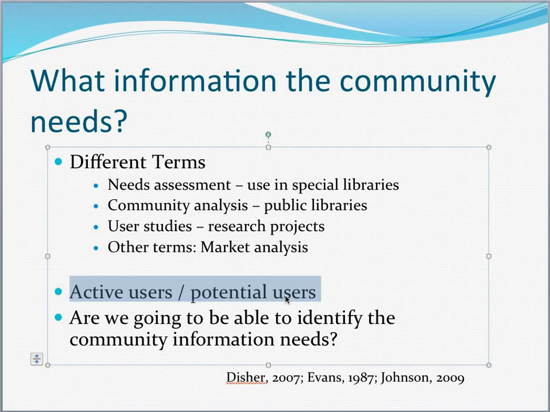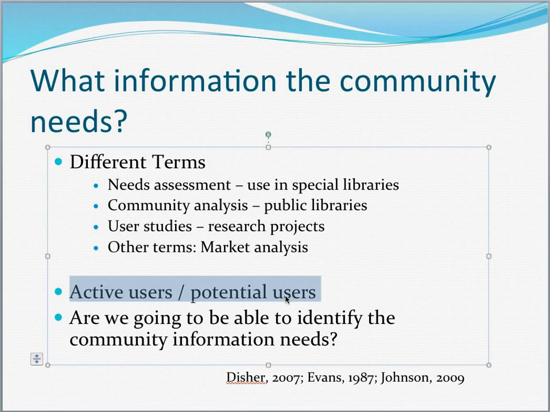And the idea here is that, of course, we have a core of active users, and we have to make sure that we are addressing their information needs, because they are our clientele. However, there's a large segment of the population that is not active.